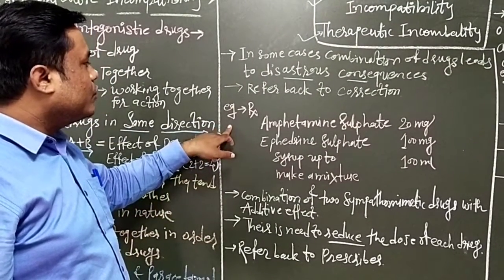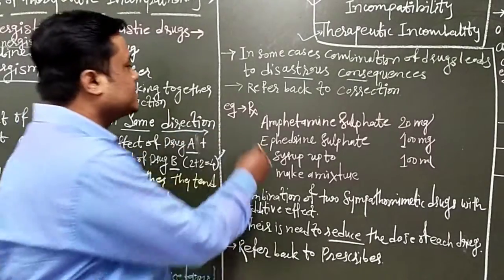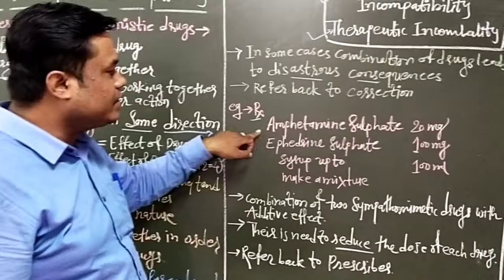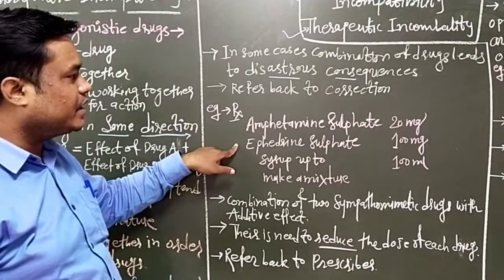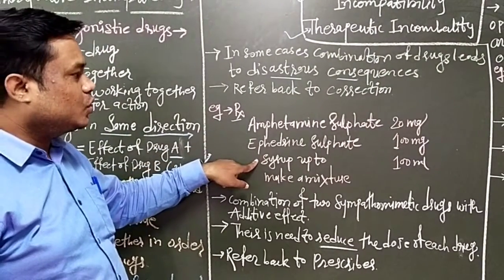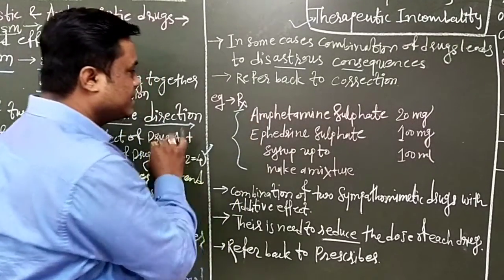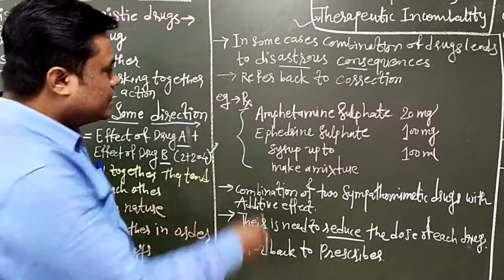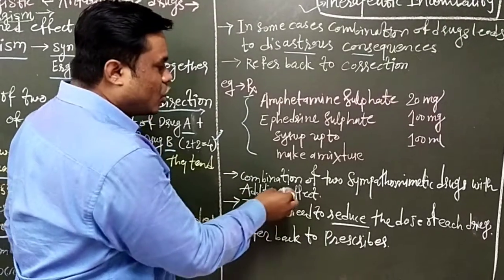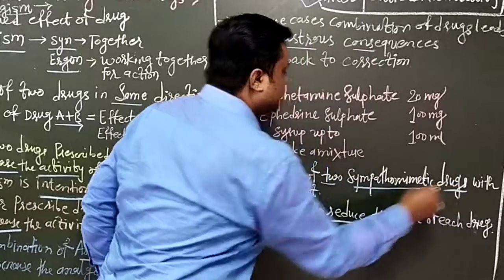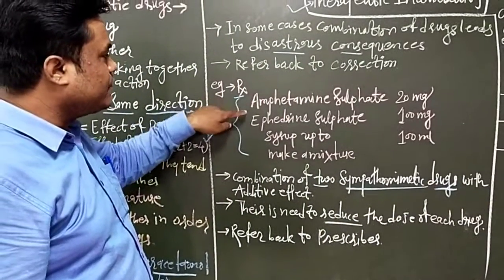Then we take one example. For example, Rx: amphetamine sulfate 20 mg, ephedrine sulfate 100 mg, syrup up to 100 ml, make a mixture. This is an example of synergism. In this prescription, there is a combination of two sympathomimetic drugs, amphetamine sulfate and ephedrine sulfate.